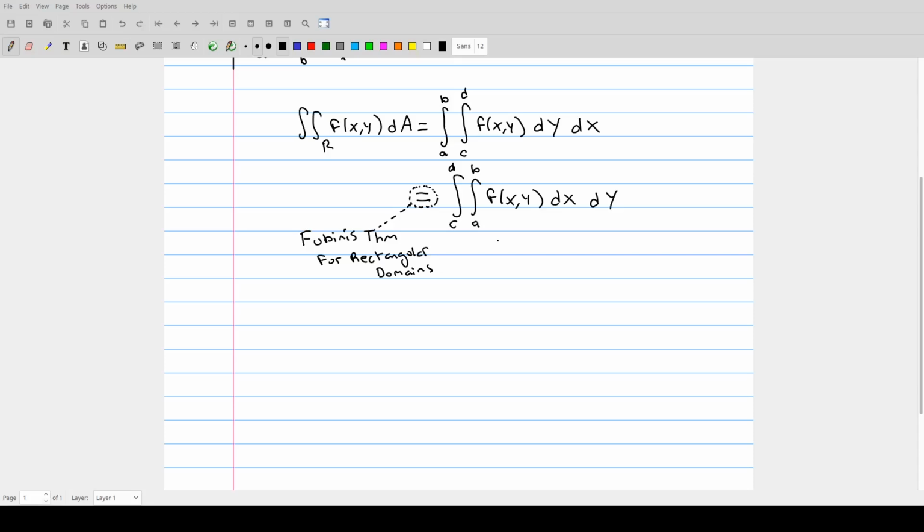For any rectangular domain, we can very quickly switch the order of integration, and the value that we get from integrating with respect to y first and then with respect to x is going to be the same value that we get for doing the integral with respect to x first and then with respect to y. A good idea is to test this out, so I really recommend that you test this out for a couple different examples.